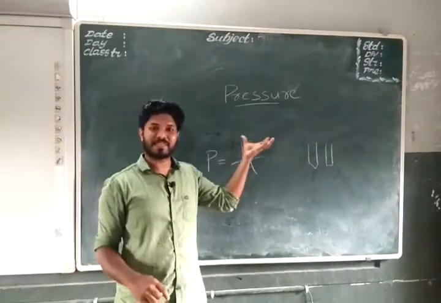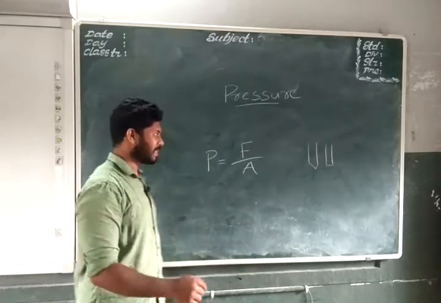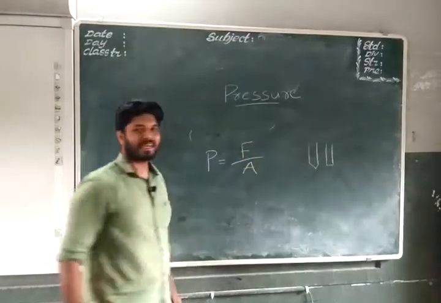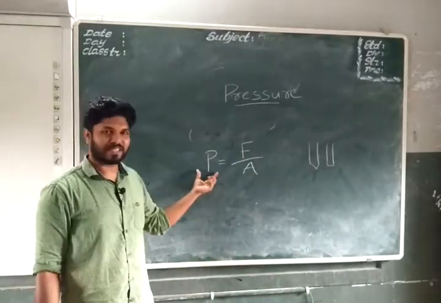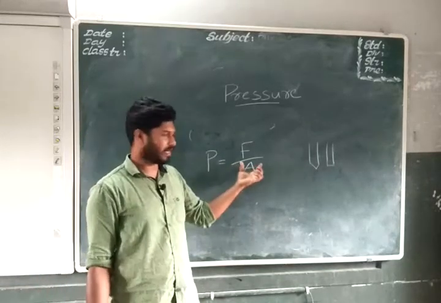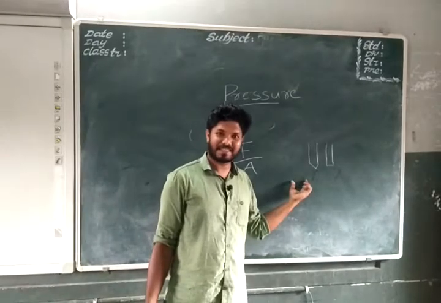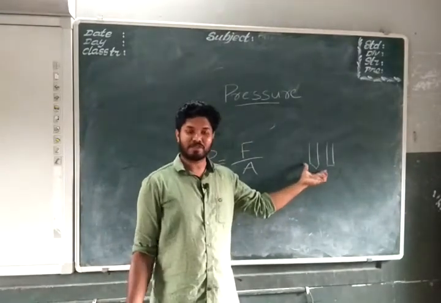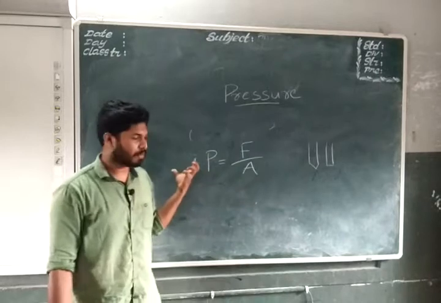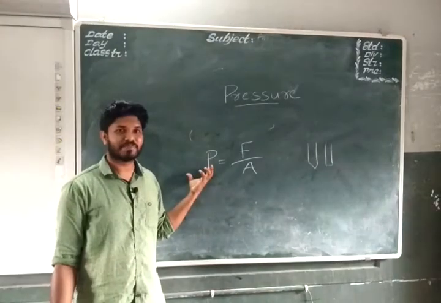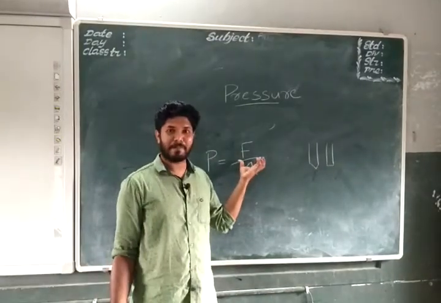This connection between area and force is mathematically represented by a physical equation, that is P is equal to F by A. The term we use to measure this connection between force and area is pressure. Pressure is defined as the force exerted per unit area.